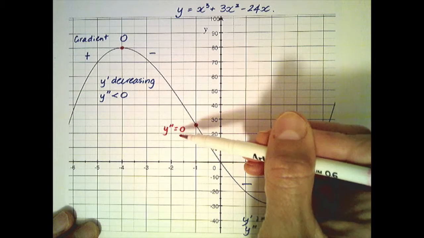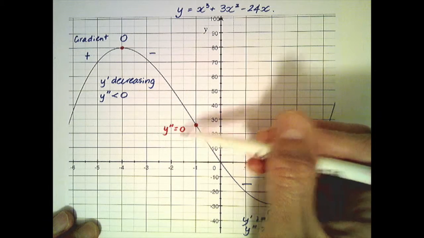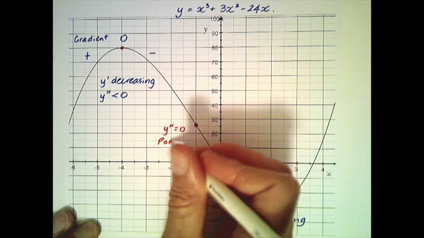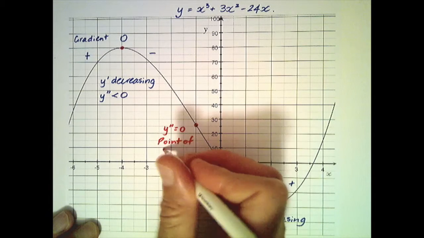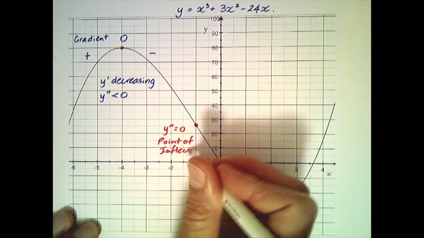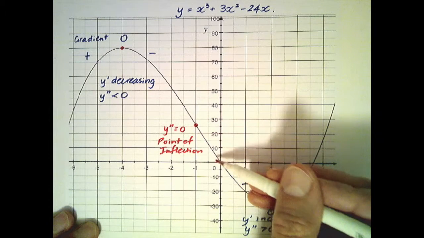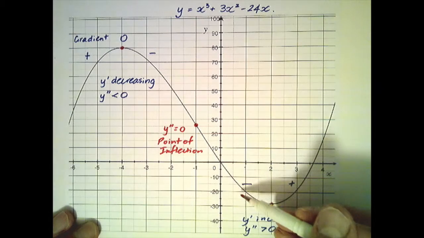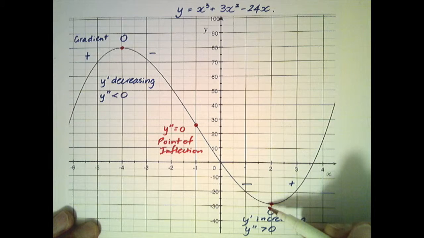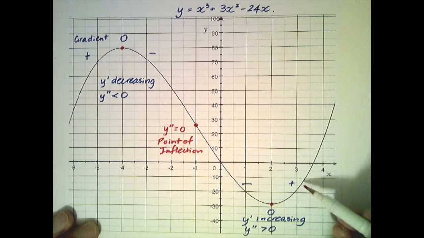That means the second derivative will equal 0. And this is called a point of inflection. Once we pass this point, as we move left to right, the gradient is gradually increasing to the point where it becomes 0 here, and then becomes positive as we move left to right.